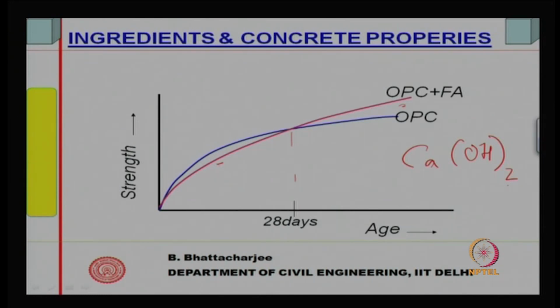So, unless I have a sufficient concentration of calcium hydroxide in the mix or in the hydration product, the pozzolanic reaction due to fly ash will not initiate, and then again it is slow. If you recall the lime reactivity test, we cured it for 10 days.